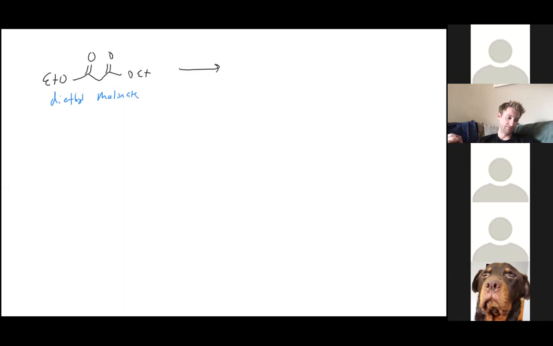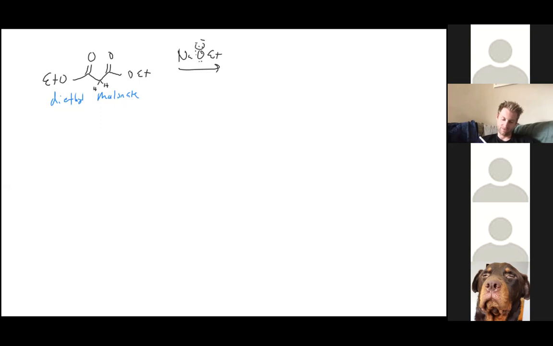If we throw in NaOEt, we're going to pull off one of these 2 alpha protons here.